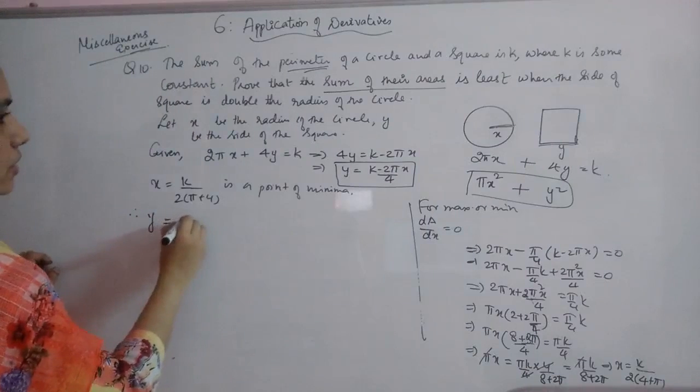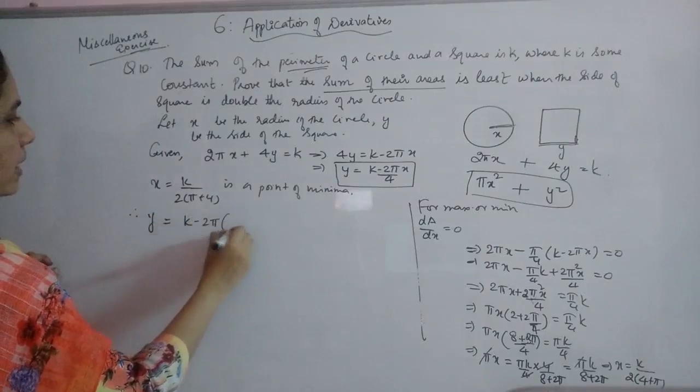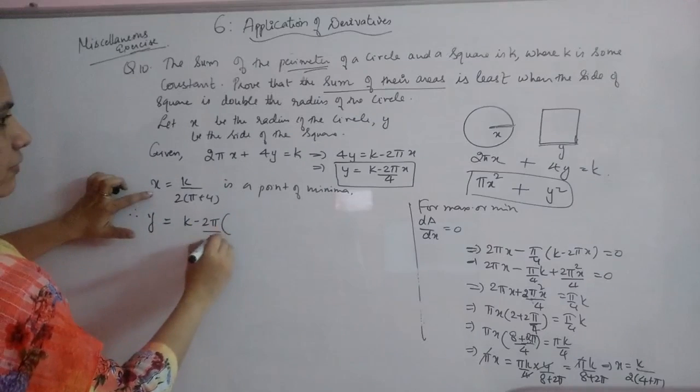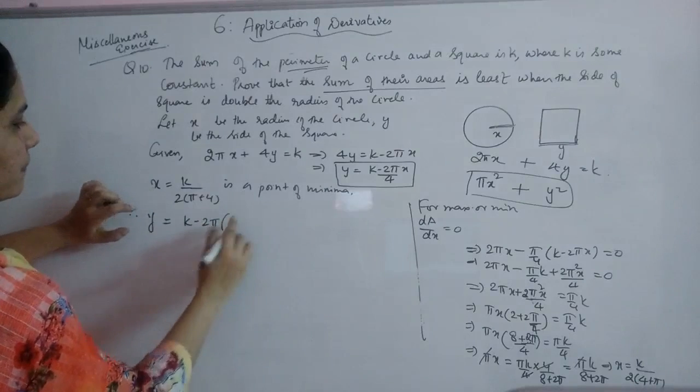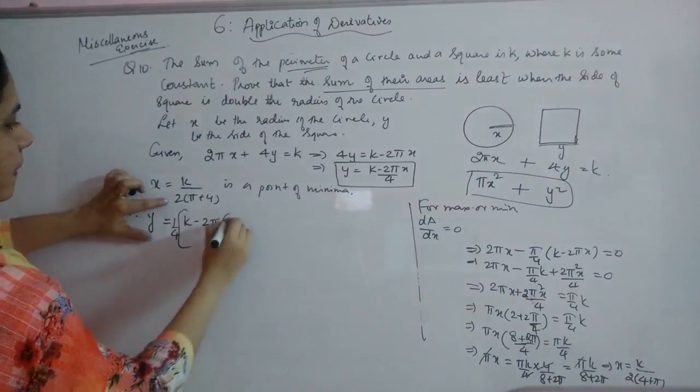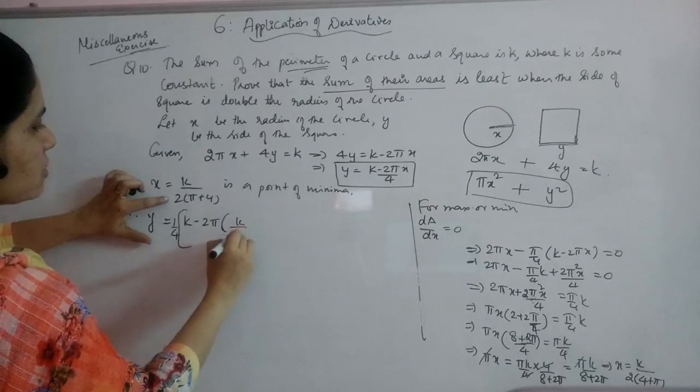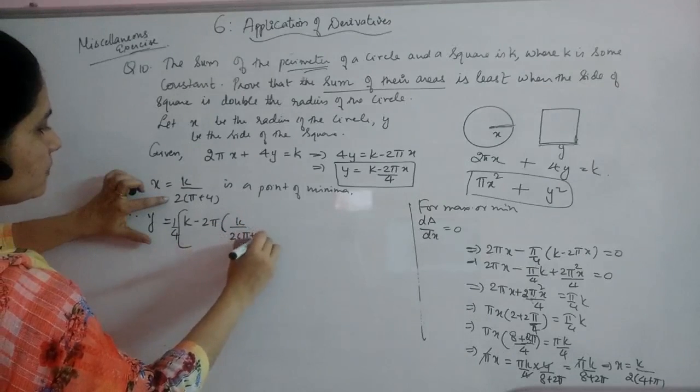Okay. Now what is y equal to? Y is equal to k minus 2 pi into 2 pi by 4. This 4 is in common. Okay. 2 pi into k by 2 into pi plus 4.